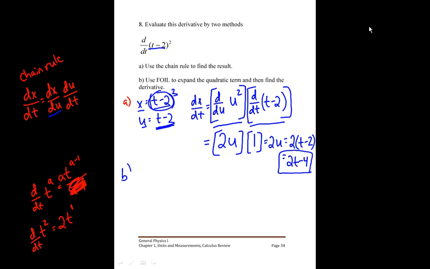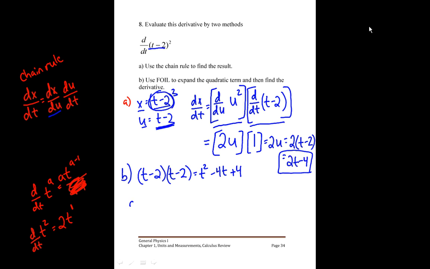Another way that we could do this is to do FOIL. (t minus 2) squared is (t minus 2)(t minus 2), so that is equal to t squared, and the outer is negative 2t, so it's minus 4t plus 4. That's just expanding out that quadratic term.